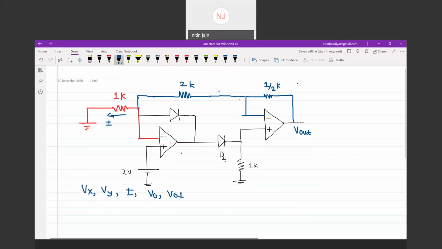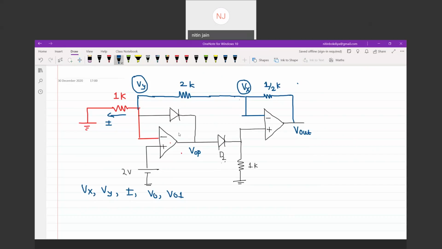This potential is Vx. Vy is labeled here. This is Vx. This is Vy. This is V output. Okay, so this is the idea for the circuit.